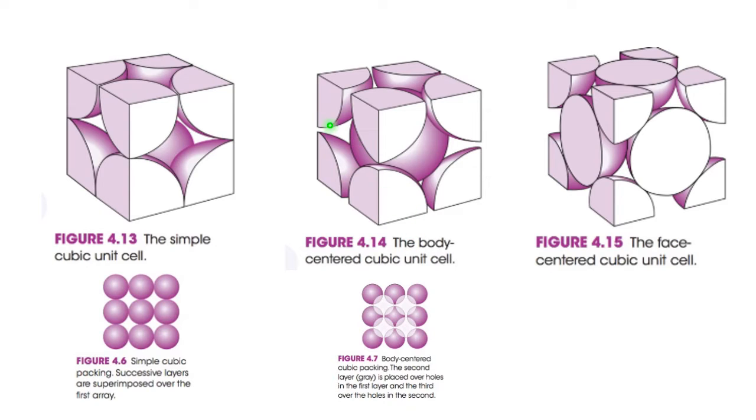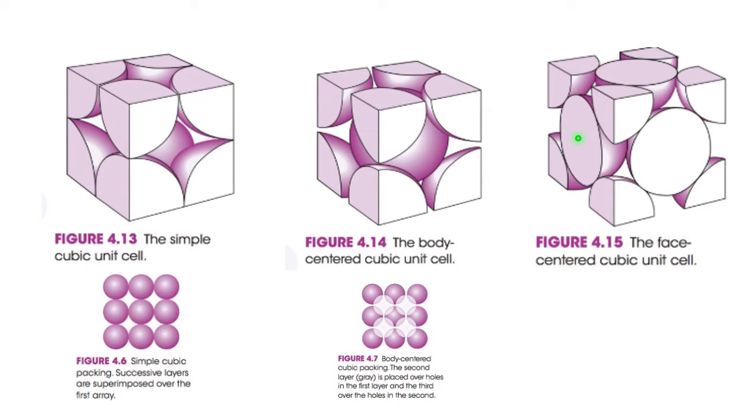Alternatively, again with cubic, you may have one sphere in the center and same way 8 others arranged around it. This is so-called body-centered cubic unit cell. Next option is face center.